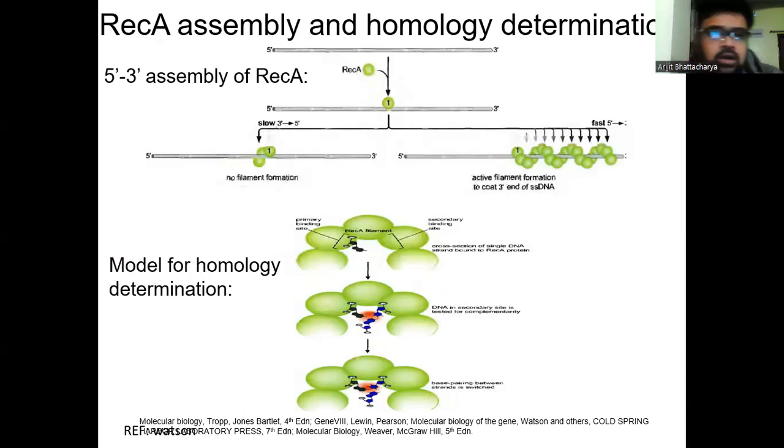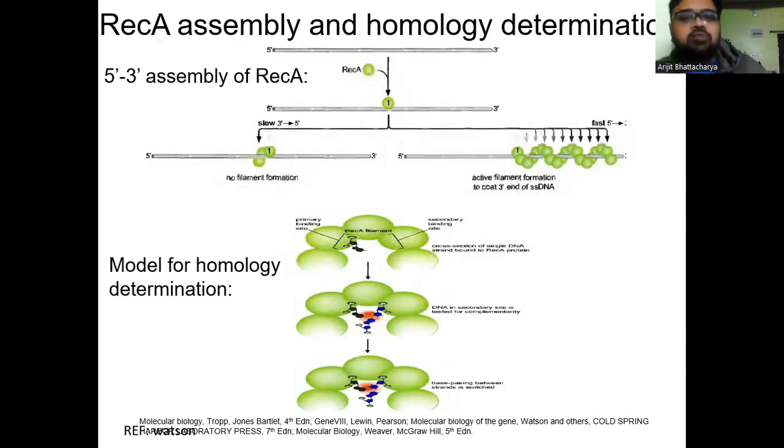Now, RecA assembly is quite interesting. As I mentioned before, a single DNA turn can combine with three molecules of RecA. So initially, the first RecA molecule interacts with DNA, and subsequently the second and third molecules bind to DNA, and after that gradually the number increases. So there can be two possibilities.